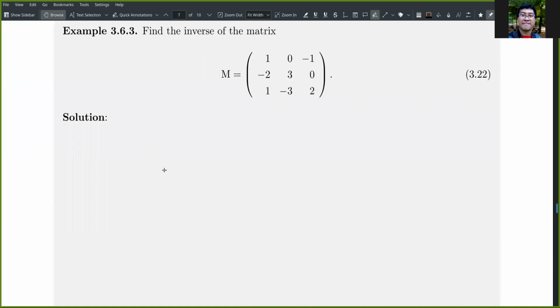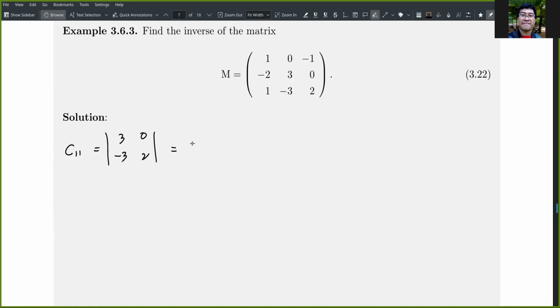So for example, let's find the inverse of this matrix. The determinant can be found by the cofactors, so let's solve for the cofactors. Let's say the cofactor C11, corresponding to the first row and first column. By crossing this out, we find 3, 0 and minus 3, 2. So we take 3 times 2 minus 0 times minus 3, times -1 to the power of 1 plus 1, so that's 1.